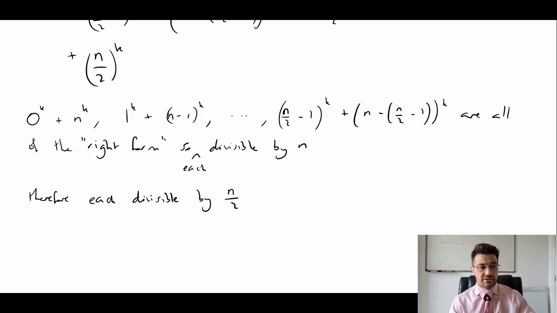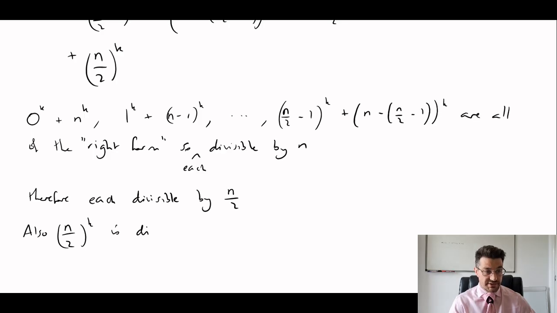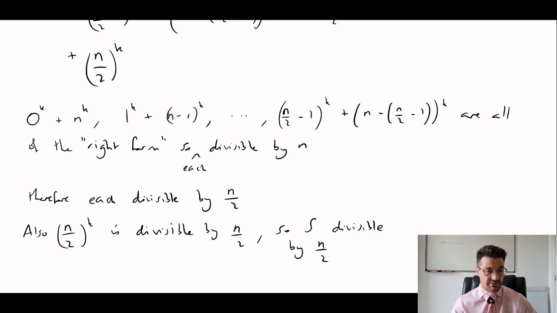So therefore, if each of these pairs, sums of these pairs, is divisible by n, it must be divisible by n over 2 as well. So also n over 2 to the power of k is obviously divisible by n over 2. So s is divisible by n over 2. Okay, so that deals with that.